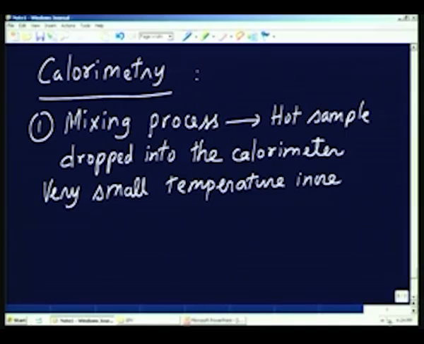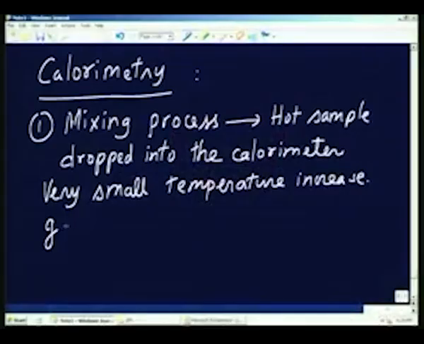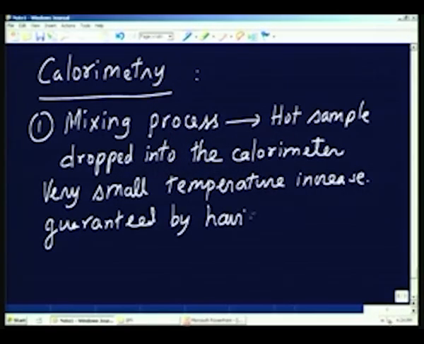We guarantee it by taking a small amount of the material whose thermal conductivity is to be measured, and by having a large thermal mass for the calorimeter.